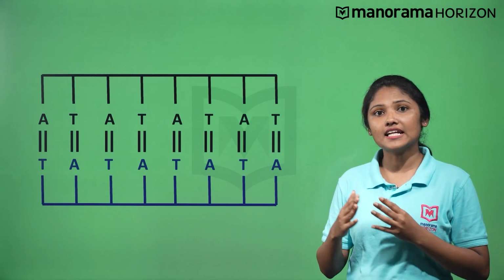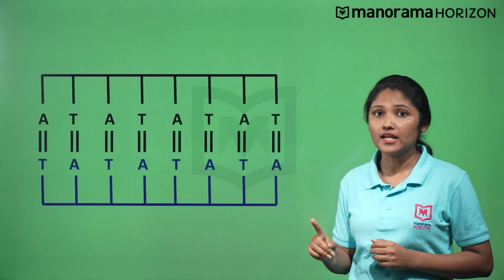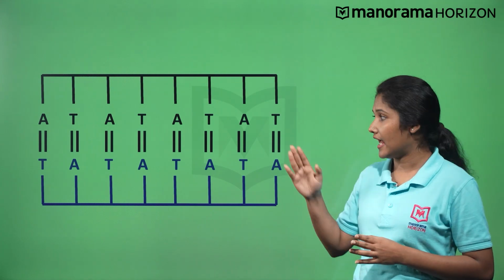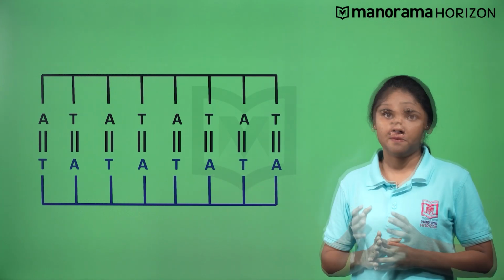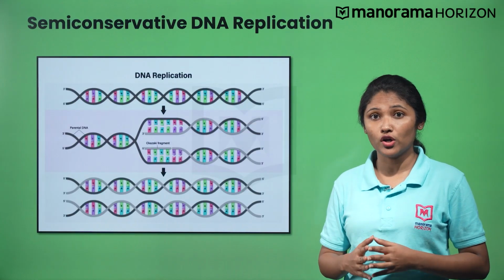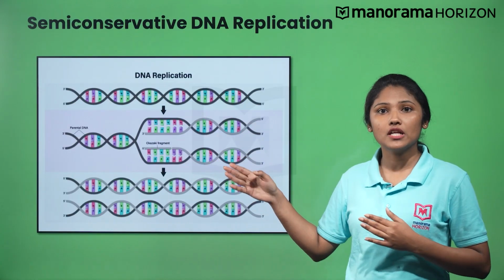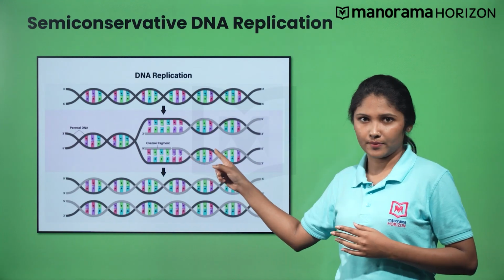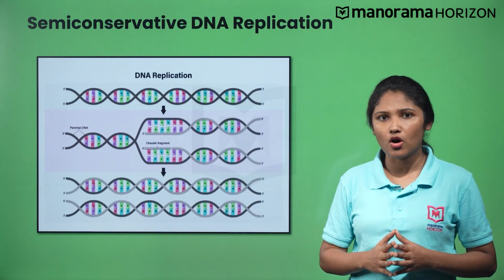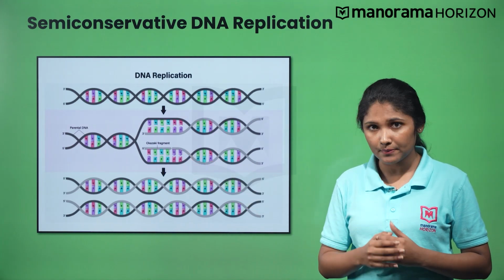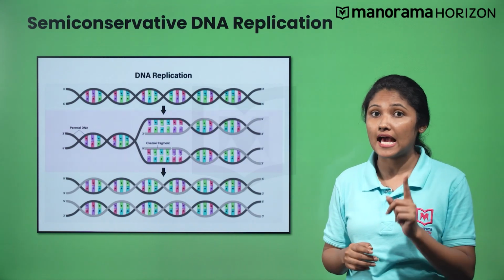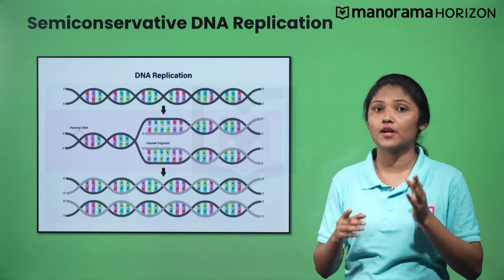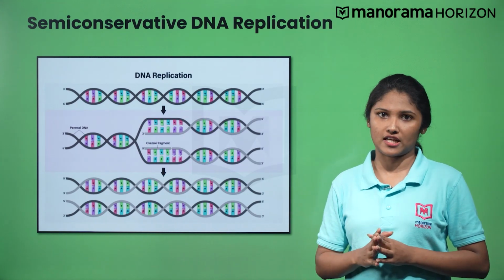Therefore, the resulting DNA molecule has one parental template strand and one newly formed strand. The parental strands are shown in black and the newly formed strands are in grey. Each DNA molecule formed by the DNA replication has one black colored parental strand and one grey colored new strand.